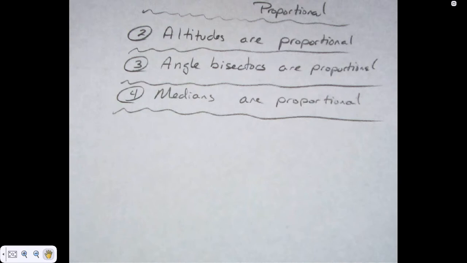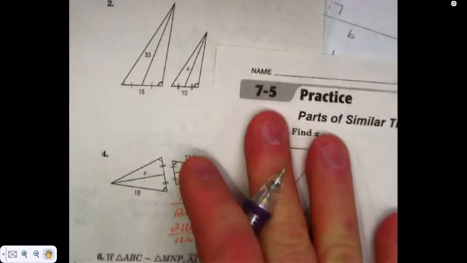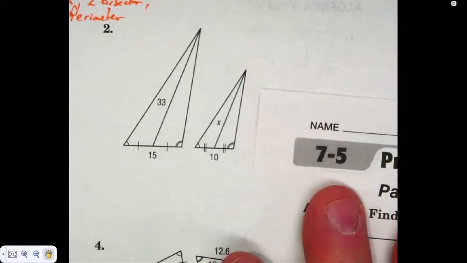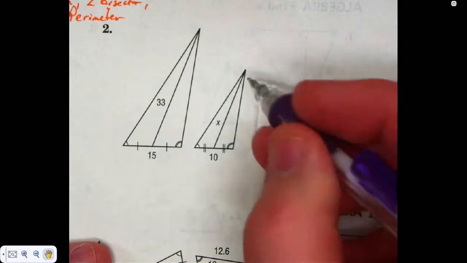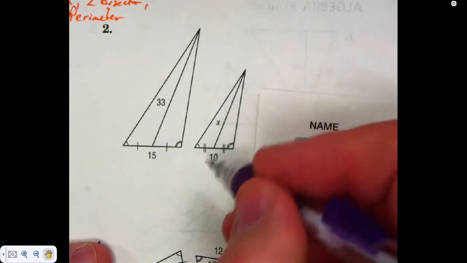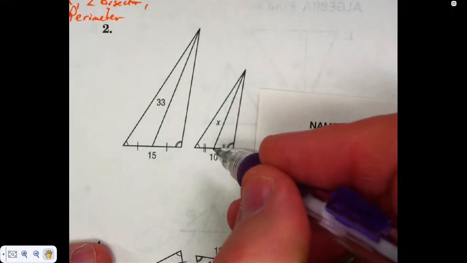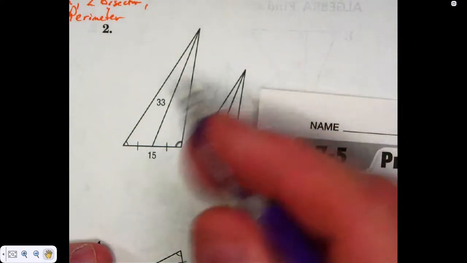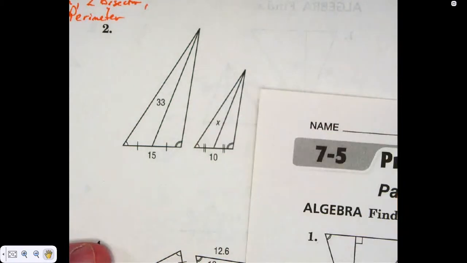Well, now let's go to number 2. Look at number 2. Why are those medians? You guys remember what medians are? They go from a vertex to the opposite side's midpoint. So that's why these two are what? Medians. So what would my proportion be?